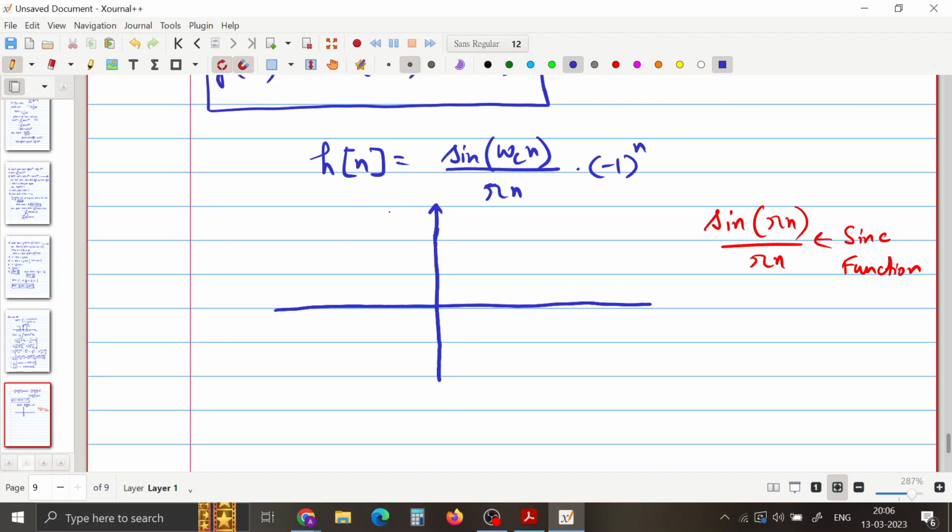Let's see. In general, this sinc function, sin pi n by pi n, has a form something like this.